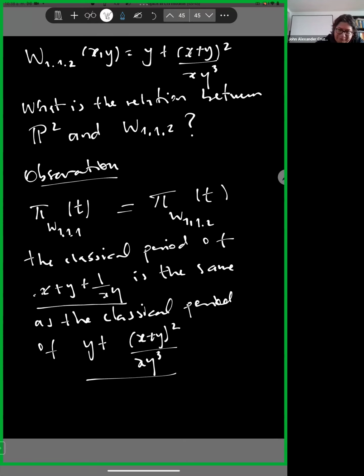The conclusion is that this polynomial W_{1,1,2}, which is equal to (y plus x plus y squared) over x y cubed, is also a mirror of P2, right?